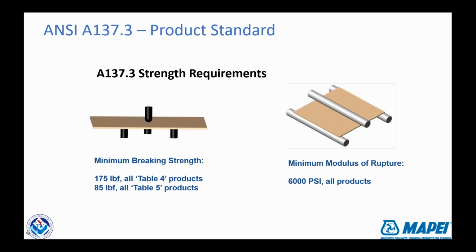Some additional strength is breaking strength. You've got 175 pounds per foot on table 4, 85 on table 5, 5 being the thinner material. 6,000 PSI for modulus of rupture in A137.3 on all products.